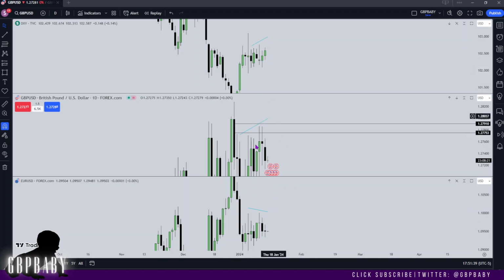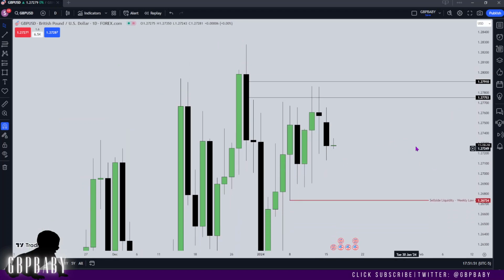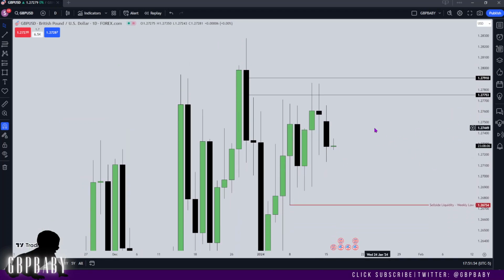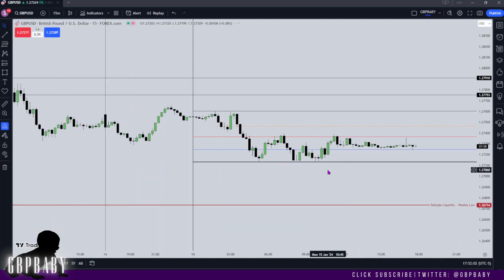So there's clear divergence here on pound that's showing a certain amount of strength, which is why in terms of sell side delivery, I'd expect pound to be the better pair to trade, as it's going to need to catch up with the condition of the euro. And we can already see that through this gap that we've had here, showing a level of bearishness that I'd like to think will continue for the rest of the week.